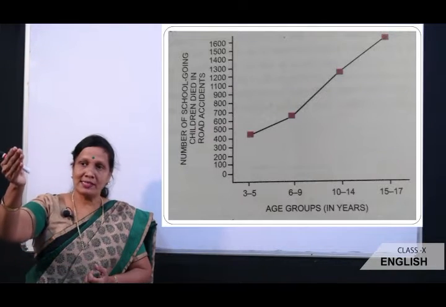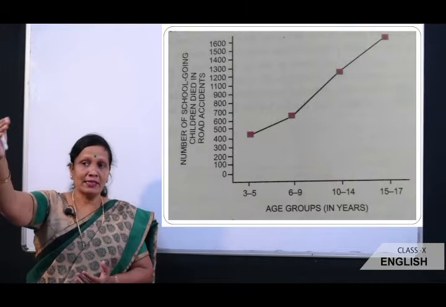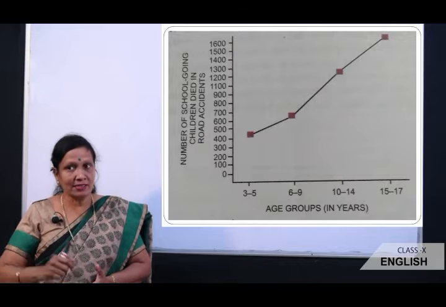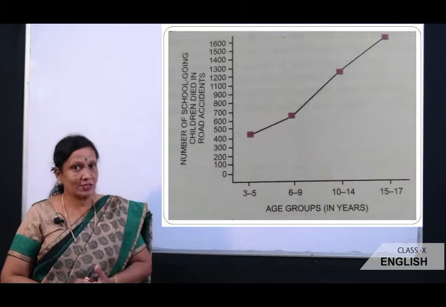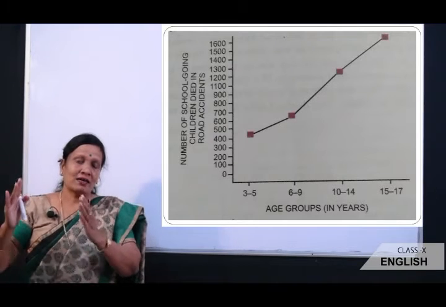So like you can say 400 and then it goes up and then it goes up, and look at the age group for 15 to 17 years, it goes up even to 1600. So you need to analyze the graph very carefully.